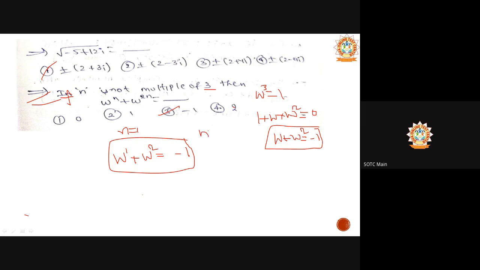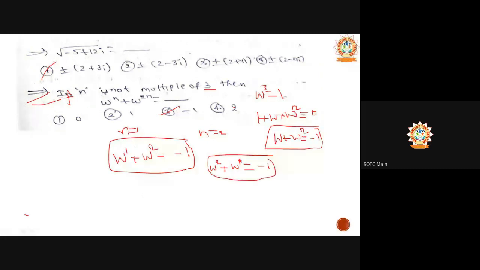Let us suppose n is equal to 2: omega square plus omega power 4. Omega power 4 we can write as omega cube into omega, and omega cube is 1, so omega power 4 is also omega. So omega square plus omega is also minus 1. So the answer is minus 1.